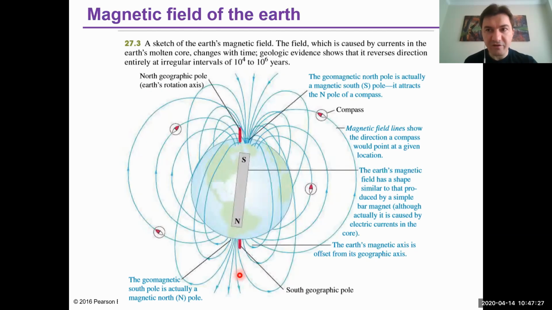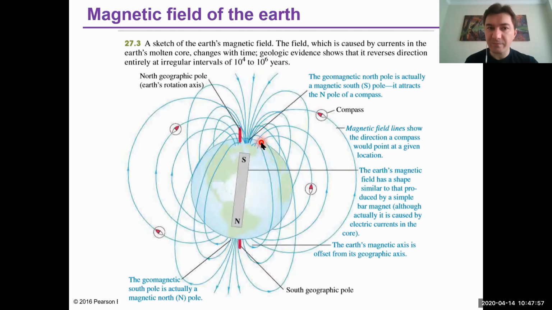This is the South geographic pole or South Pole of the Earth, but the magnetic poles are completely different. So let's consider that within the Earth, there is a magnet bar or magnet, okay? But its North Pole is located here and South Pole is located here, completely opposite to the geographic poles.